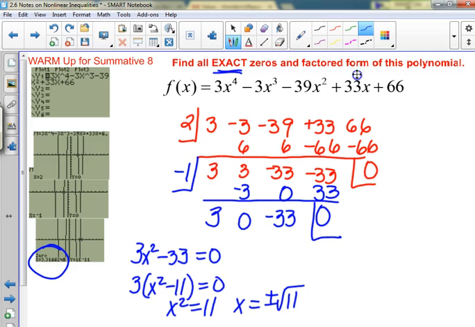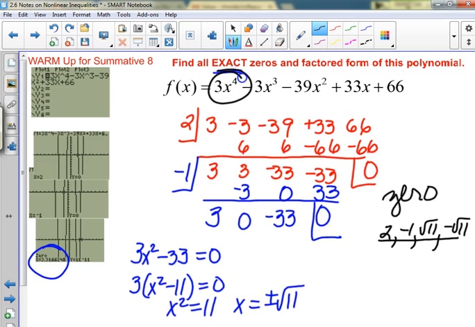When we go to write factored form, we can't lose that 3. All right, but as far as the zeros, we found the zeros to be 2, -1, square root of 11, and negative square root of 11. There should be 4, yes? Okay. And then factored form, can anybody help me with that one?